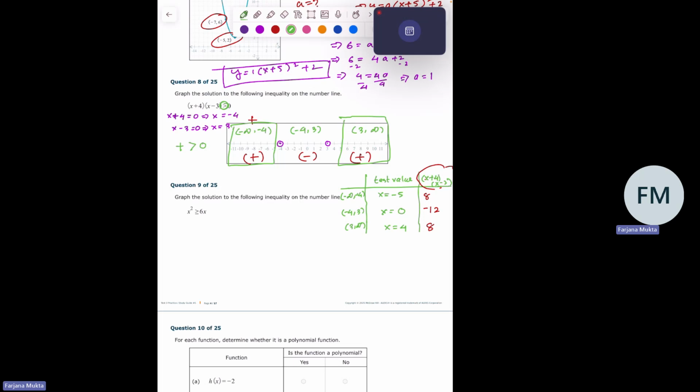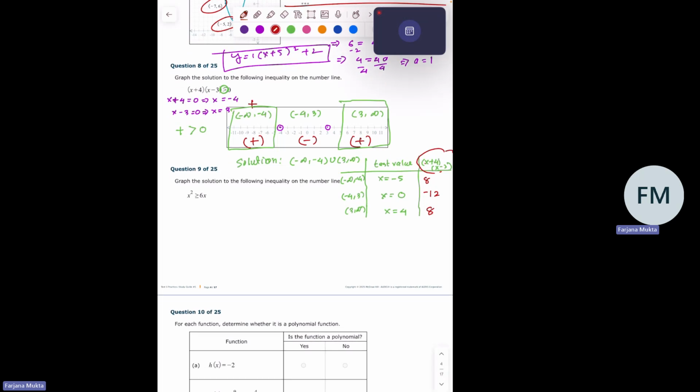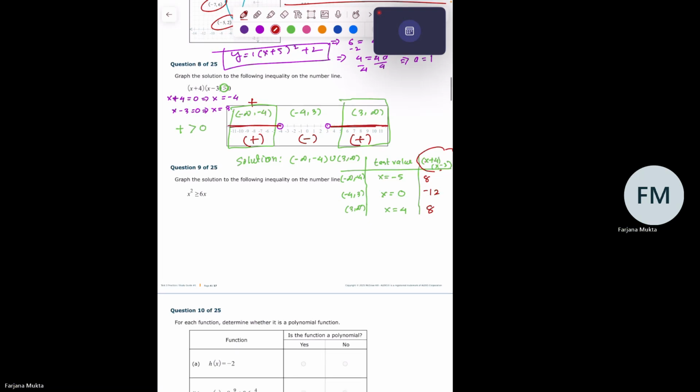Okay, so our solution is -infinity to -4 with open parentheses because open circle, union 3 to infinity. So how do you plot that in the graph? Our graph is open circle 3 to this left side and -4 to infinity. Okay, that's it.